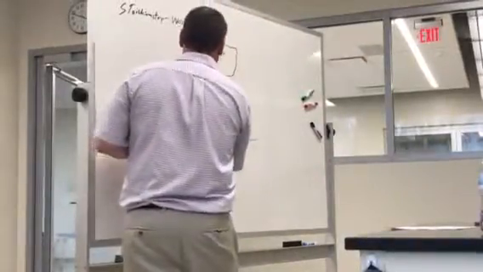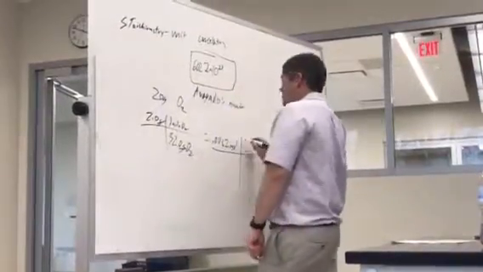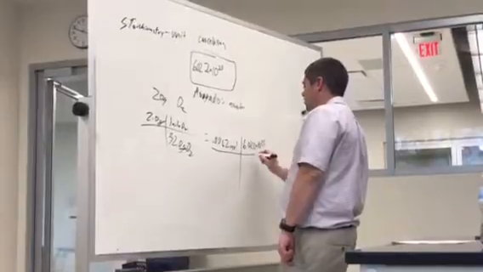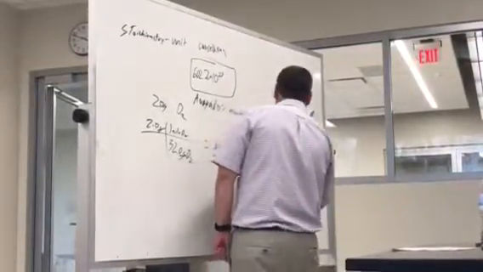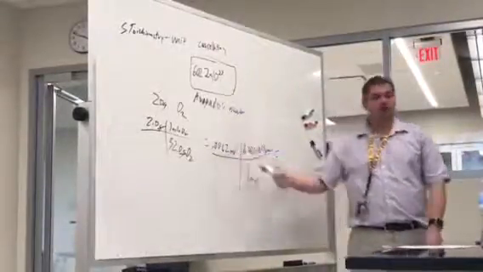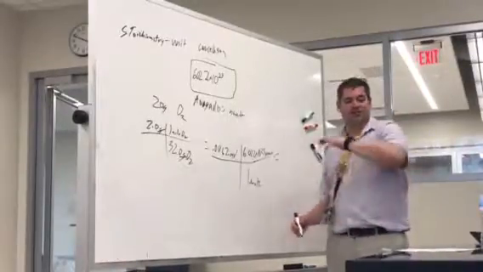Here my grams cancel. Now here, there's 6.022 times 10 to the 23rd particles for every 1 mole. So now all I do is take this number times 6.022 times 10 to the 23rd.